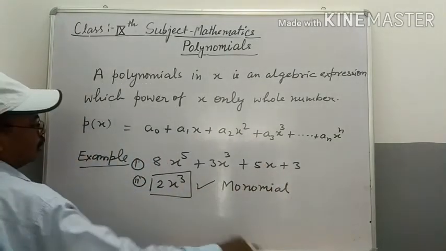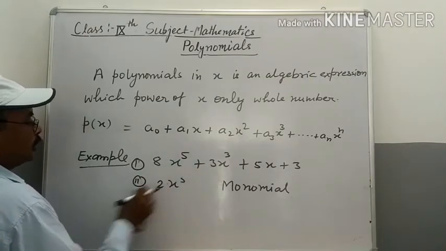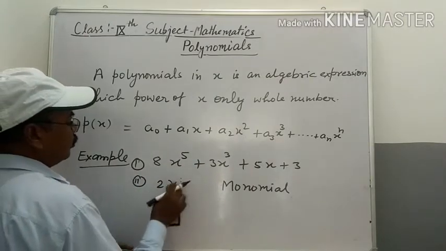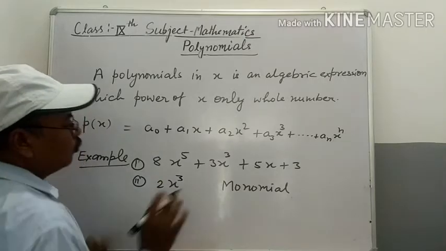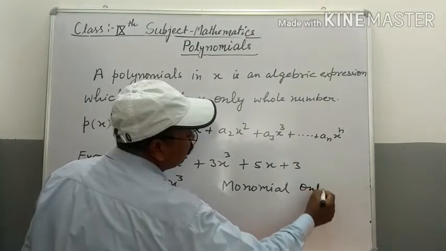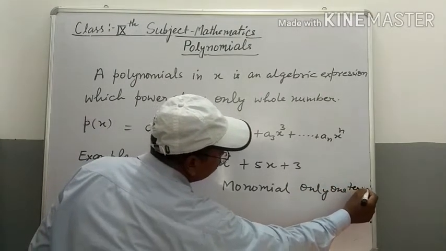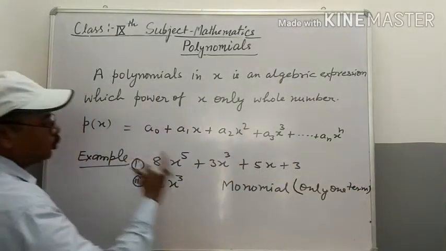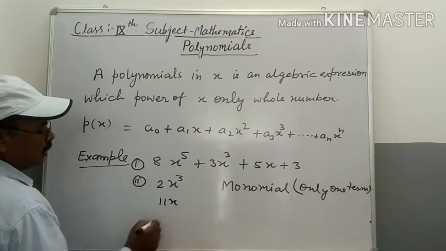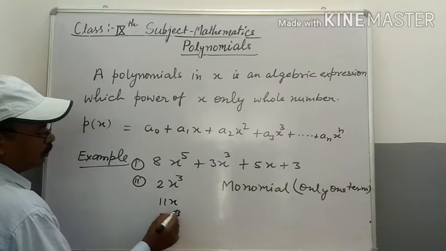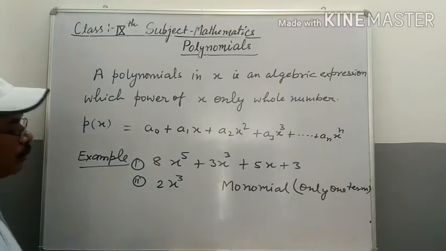You can take different examples. Number of terms 1, only one term. Term means pad; when the number of terms is one, it is a monomial. You can select more examples, like 11x, 3x cube, just something you can take as a frequent example of a monomial.